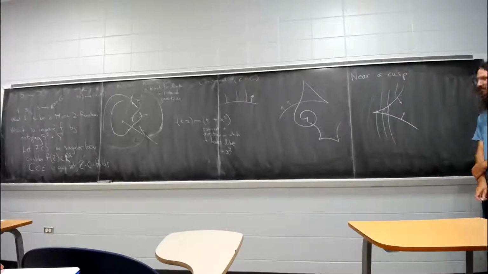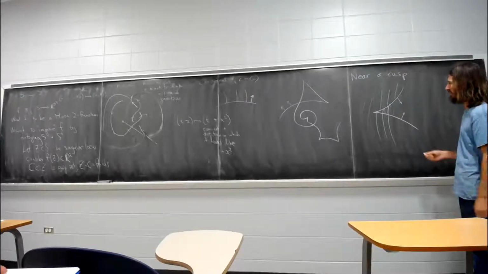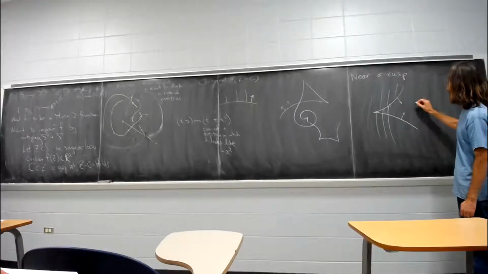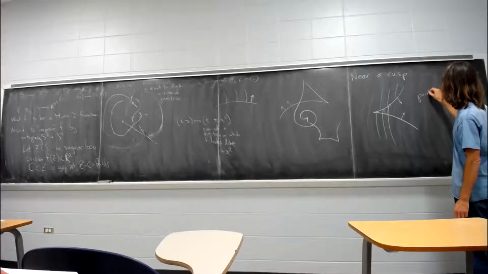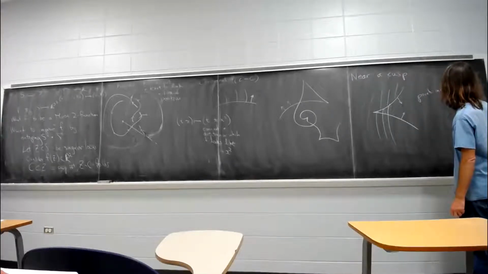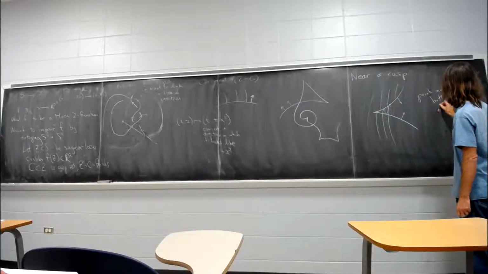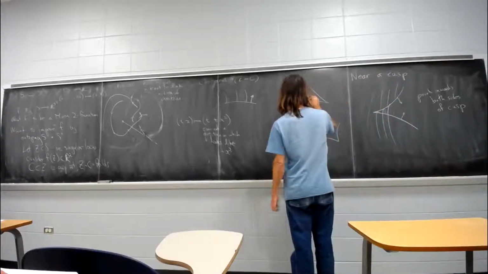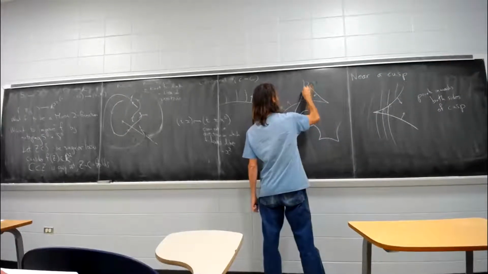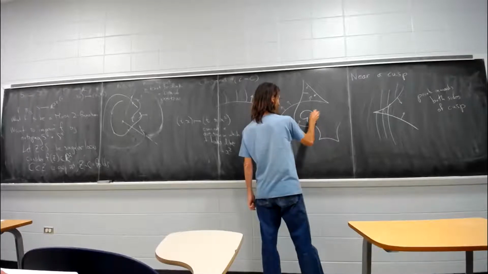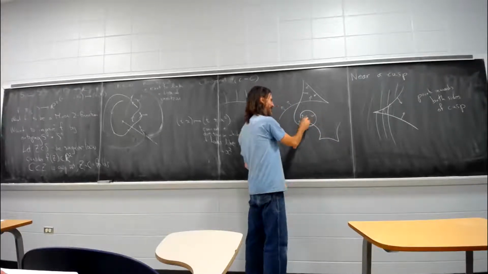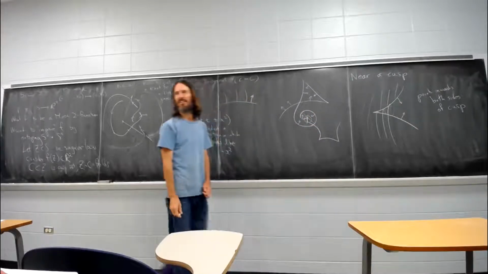That's the local model, so near the cusp, the co-orientation points inward on both sides of the cusp. This co-orientation has to be consistent, but this other picture is bad. That would never occur.